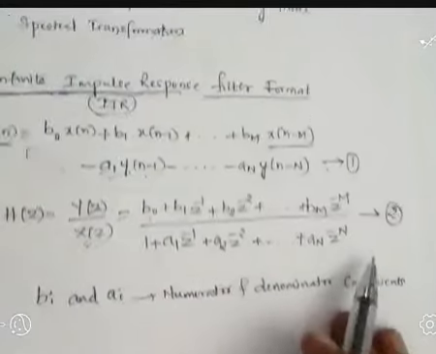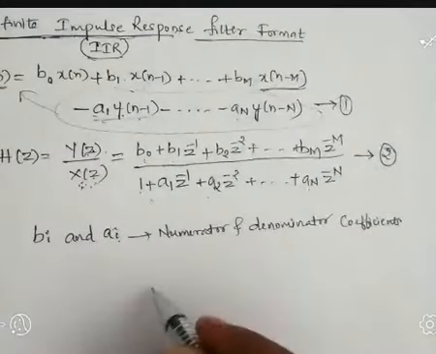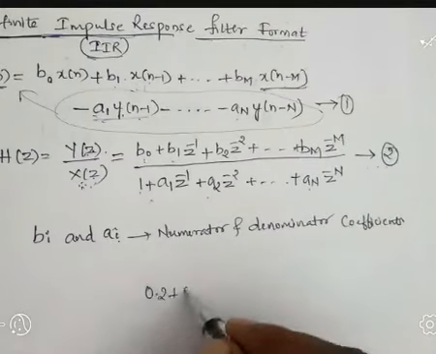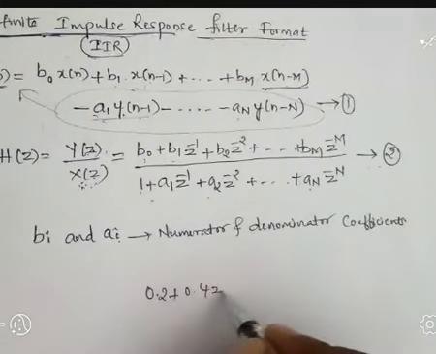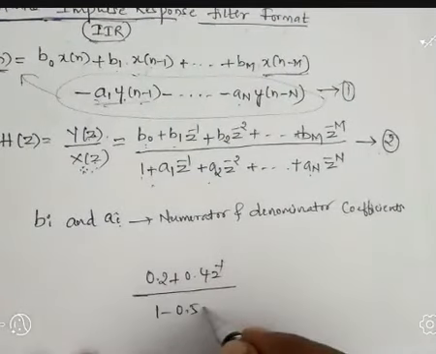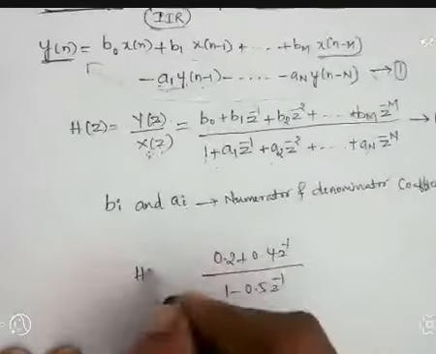Here I will write the same thing: 0.2 plus 0.4 z to the power minus 1 divided by 1 minus 0.5 z to the power minus 1. This one we got correct, H(z) equal to this.